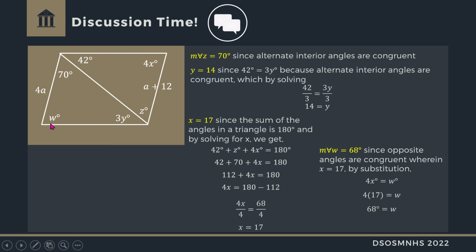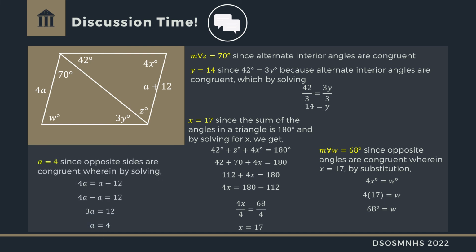Katbang man sila, parehas lag angle. So obviously, the measure of angle W is 68 degrees since opposite angles are congruent. When x is 17 by substitution, 4x degrees is equal to W degrees. So 4 times 17 is 68, which is the measurement of W, 68 degrees.